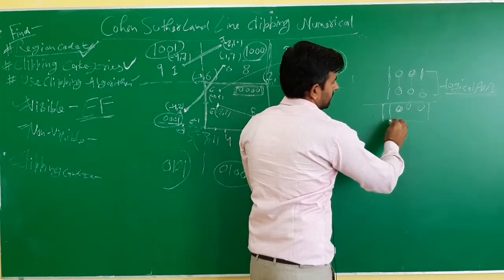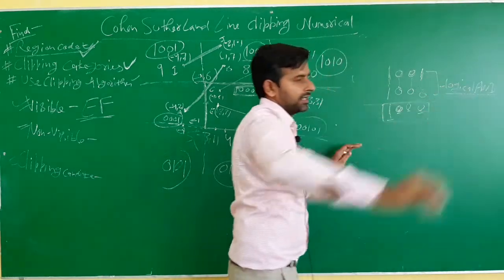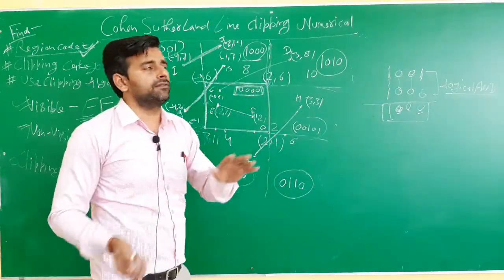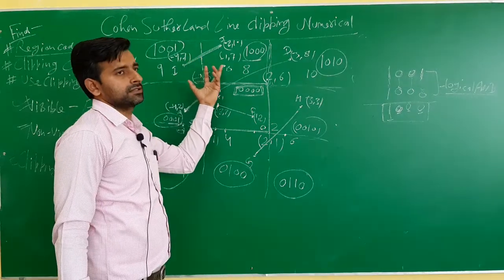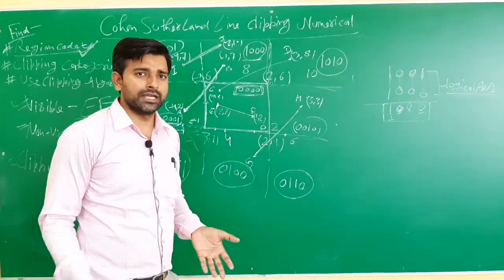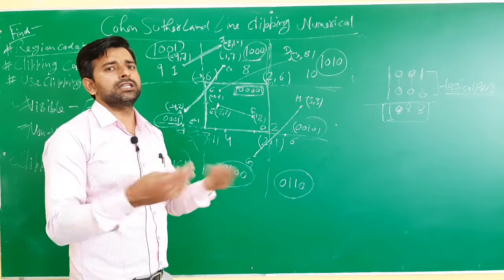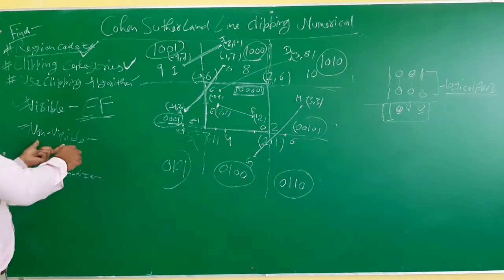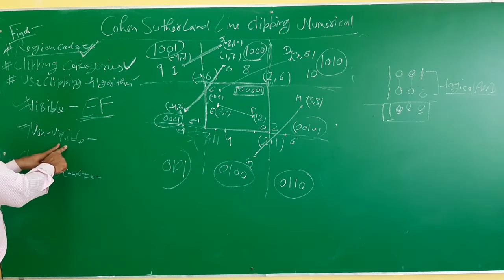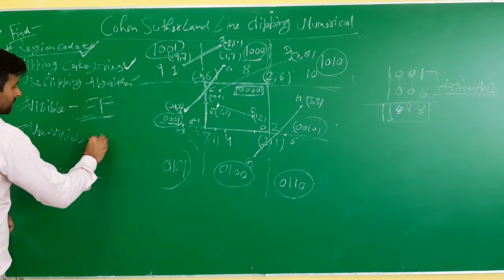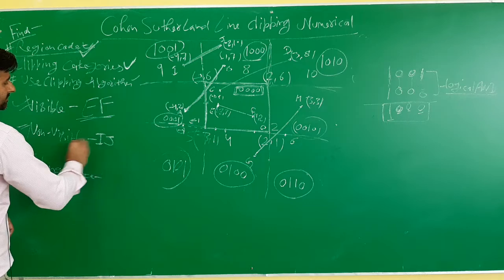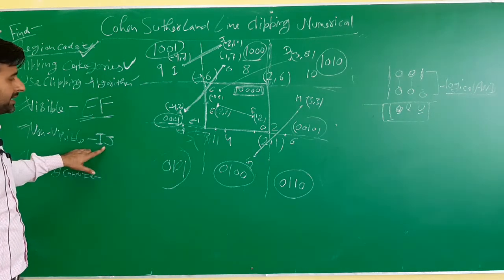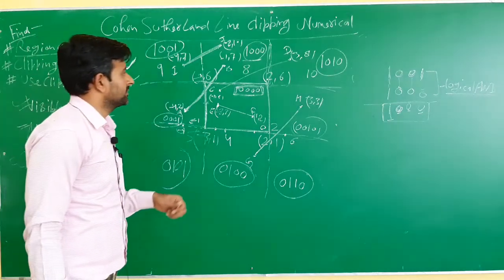The logical AND is 1 0 0 0, and we have a condition: if the logical AND for the two end points is non-zero, then the line is totally outside. Then it's in the non-visible category. I and J, EF and IJ, these are all done.